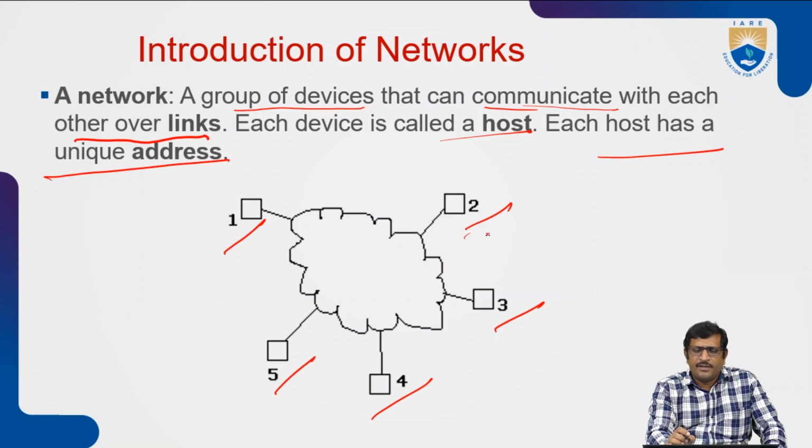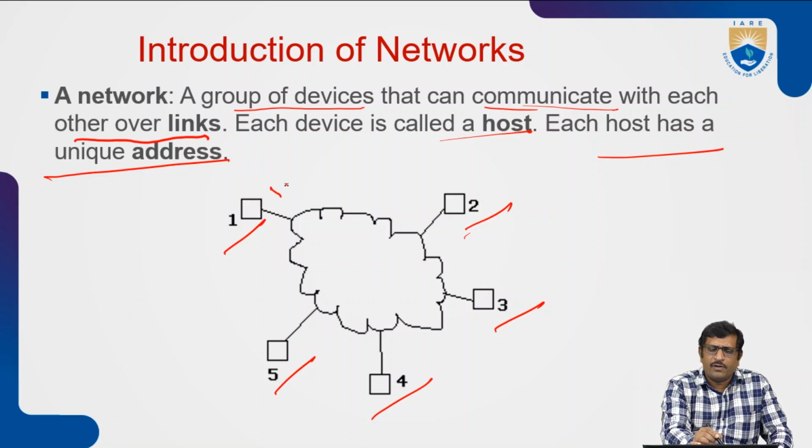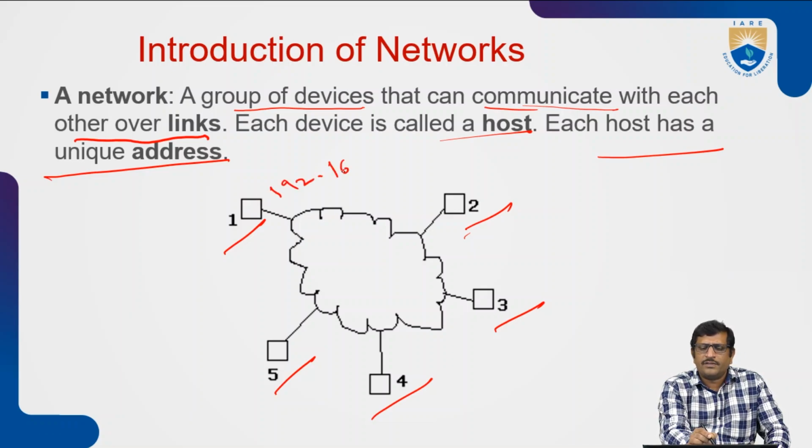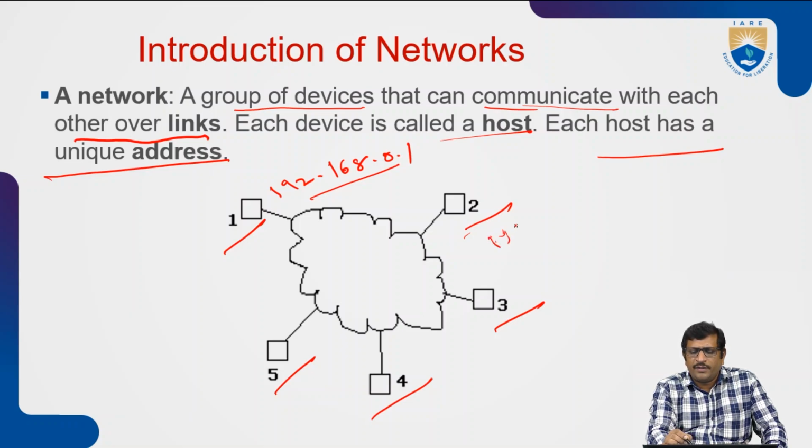Device 1 has a unique IP address, for example 192.168.0.1, and device 2 also has its own unique IP address, that is 192.168.0.2.